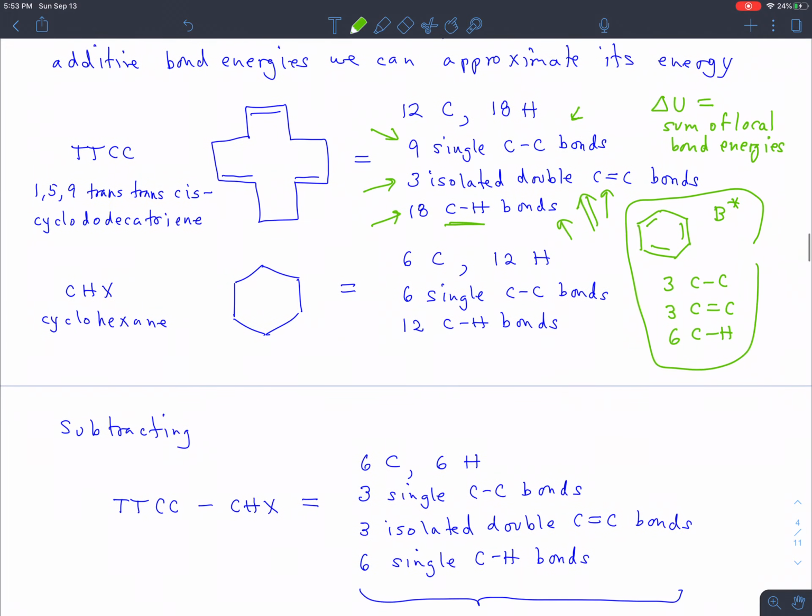So what we do is we also look at cyclohexane here. That's got six single CC bonds and 12 CH bonds, right? 2 CH bonds on each corner here. And so if we subtract the bonds in this one from the bonds in this one, then we get the correct number of bonds.